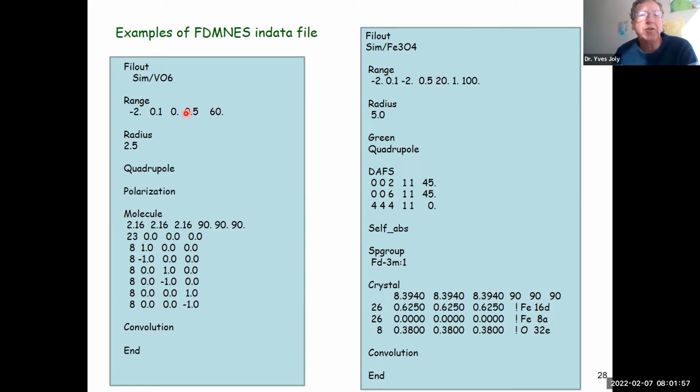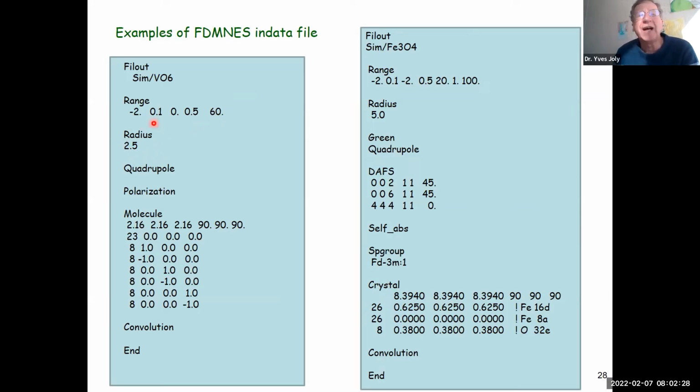So we do the same in the simulations. Here, for example, from -2 to 0, where 0 is the Fermi level, it corresponds more or less to the edge energy. You start at -2, with a step of 0.1 eV up to 0, and then a step of 0.5 eV up to the final energy of 60 eV.